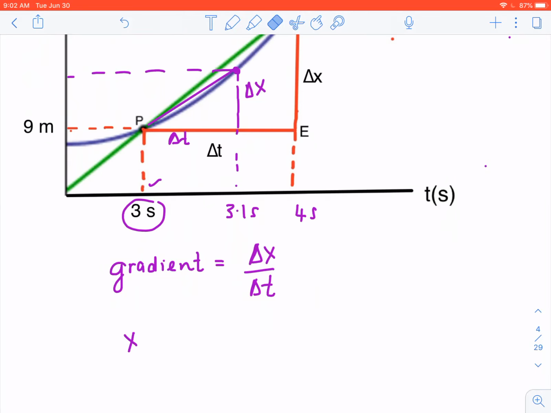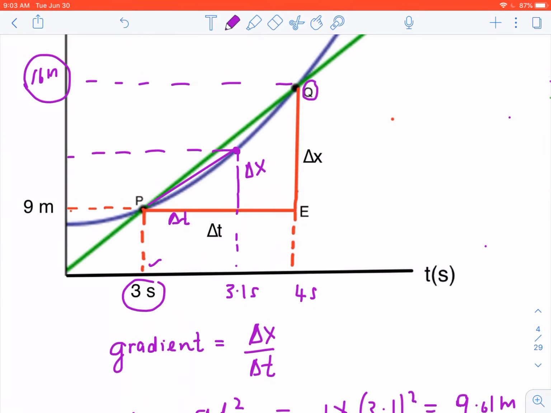We know x is equal to a t squared, and that is equal to 1 times 3.1 all squared, which is equal to 9.61 meters.